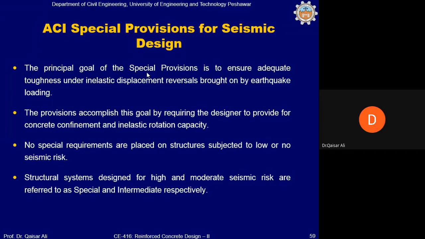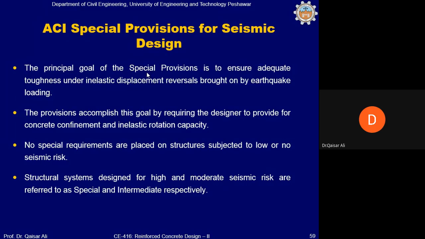Less base shear means less force on the frame, less stress, less bending moments in the frame, and an economical design, because less reinforcement means economical design. But if you want to use a high value of R, then there are code restrictions.